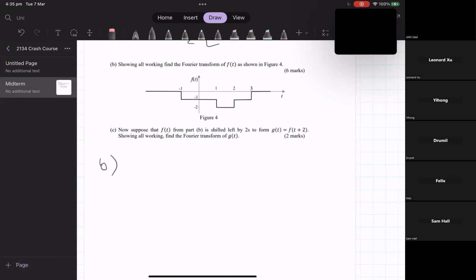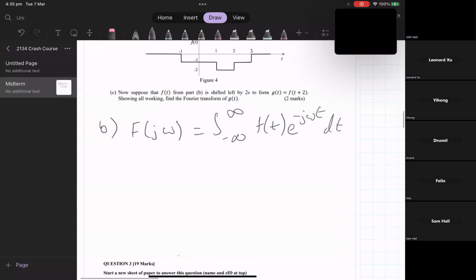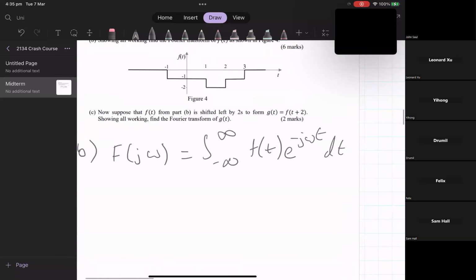Yes. We can split f of t. And then this is just the formula for the Fourier transform. We know that we can split f of t into two signals. We can do -1 from -1 to 3, and then we can also have another -1 from 1 to 2. And by the law of superposition, that will add to give our signal that we have here.